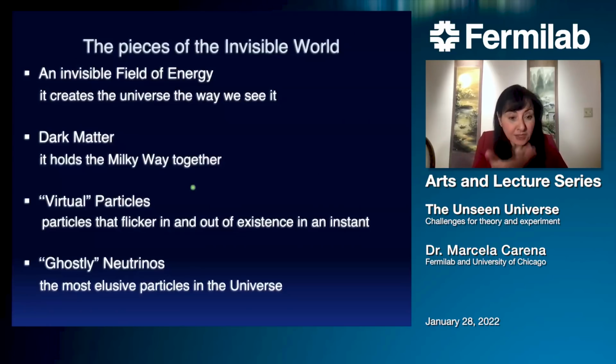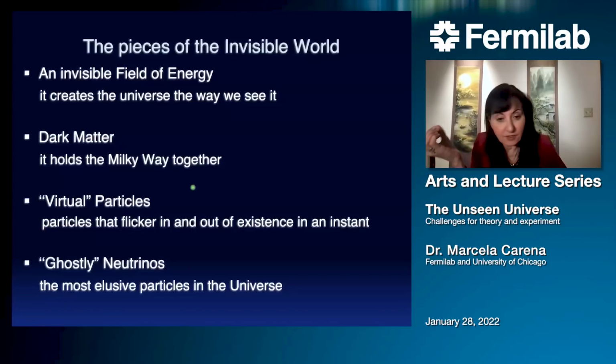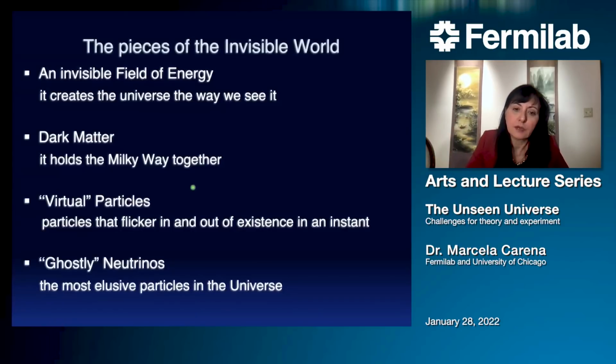If you think about the theater analogy, what we cannot see at all, but we know it must be there. For example, the cables of the stage that hold the ship and make it appear to be flying over a tempestuous sea. The virtual particles, they exist for an instant and disappear in the next. But as we shall see through this lecture, they have long-lasting results and implications for our world.